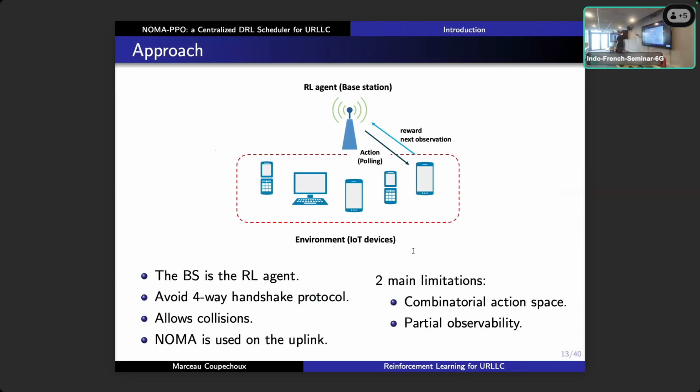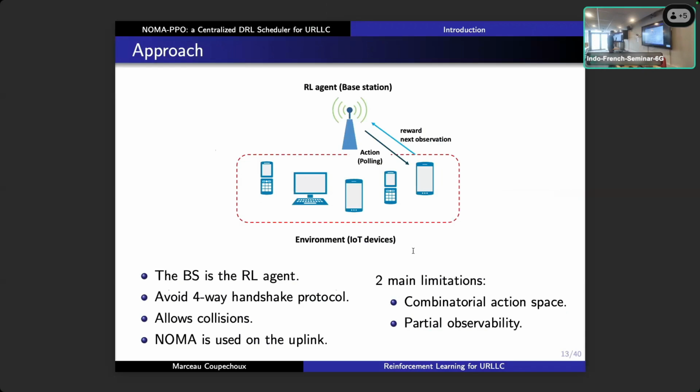The first thing is the fact that we use NOMA. In NOMA, thanks to successive interference cancellation, you can transmit simultaneously to the base station. And the second reason is that we want to gain information from the users. Because when they contact the base station, they send some information related to their buffer or to their channel, and so we learn about this.